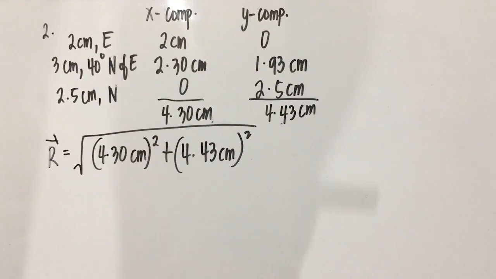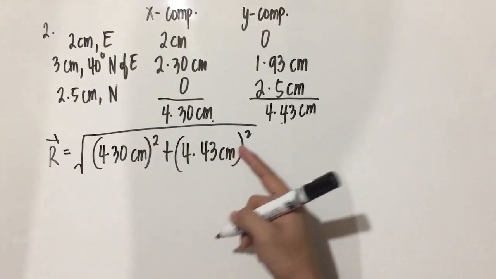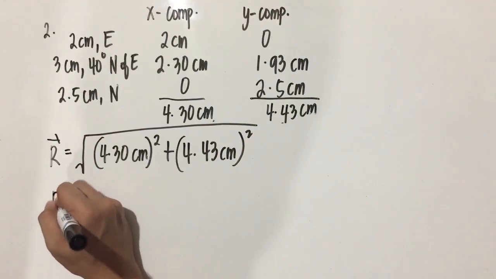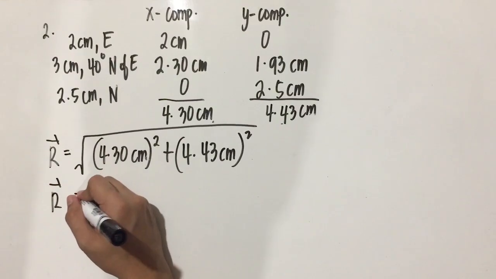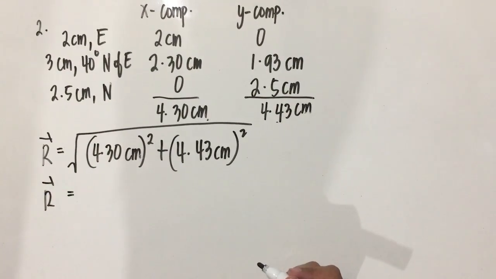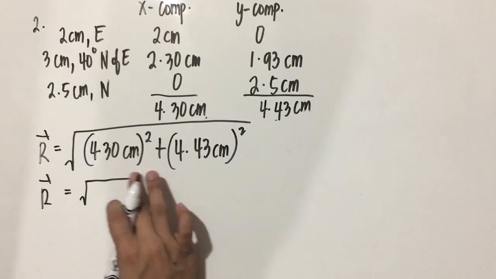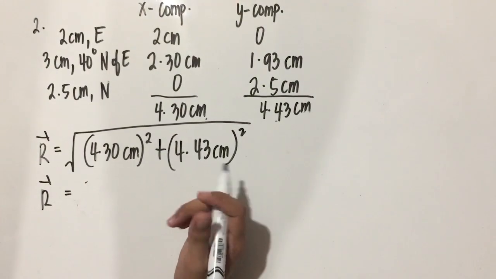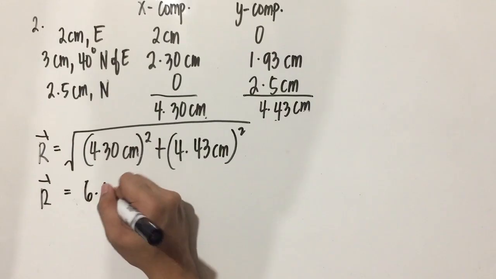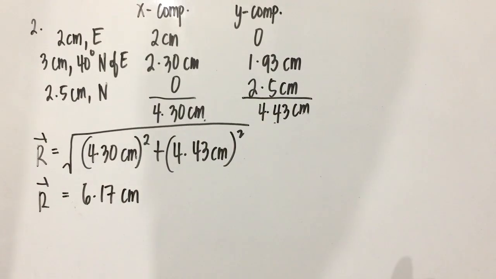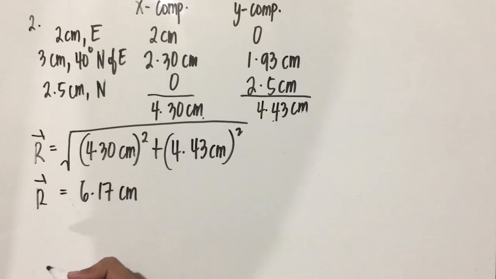So we have a resultant magnitude, which is, okay, we have to move directly now. So we have 6.17 centimeters as the magnitude for this resultant vector.